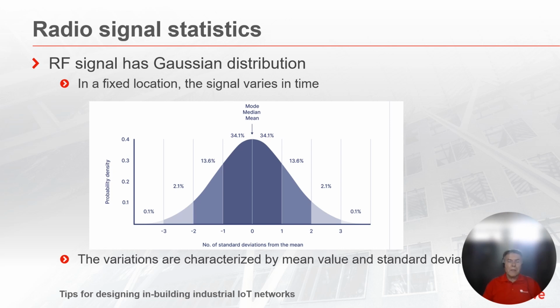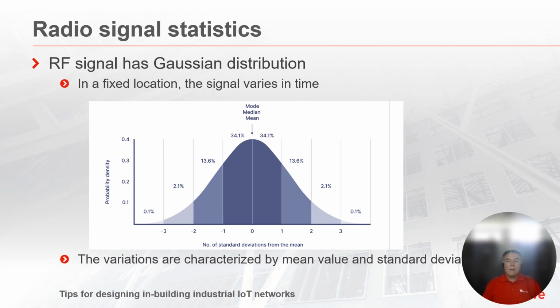When we take a look at this graph, we see that everything is centered around the mean value. That means that 50% of the time when I measure a signal in a particular location, it is going to be greater than the mean value, and 50% of the time it will be less than the mean value.